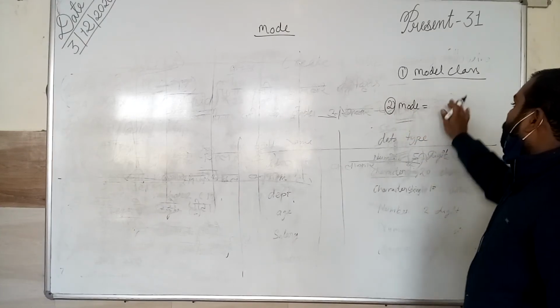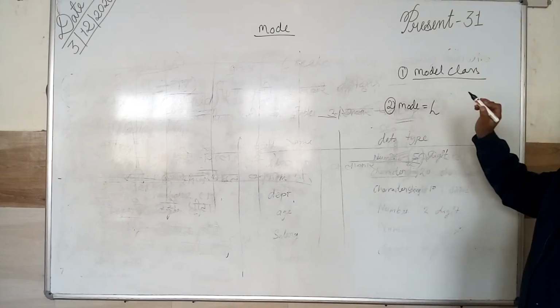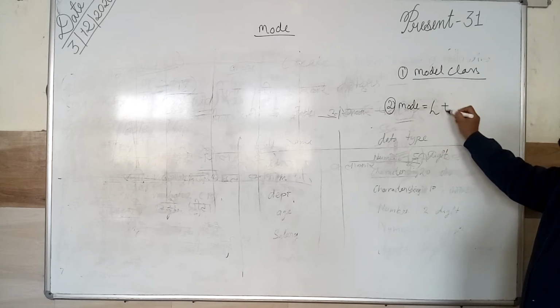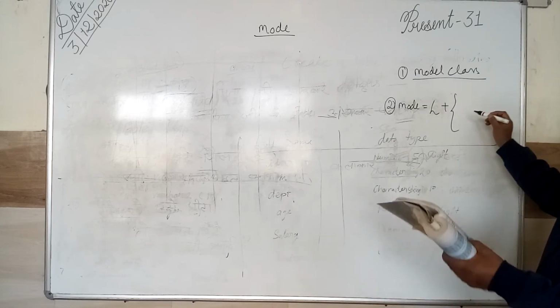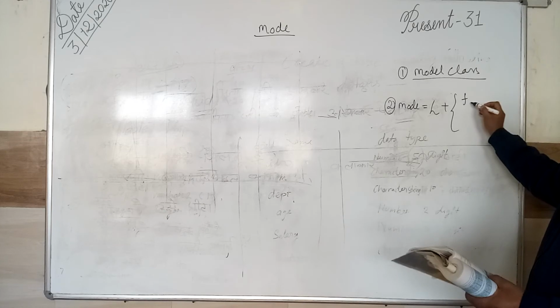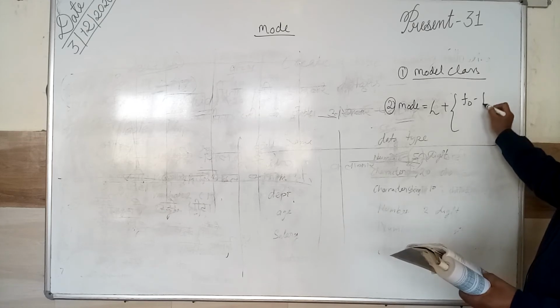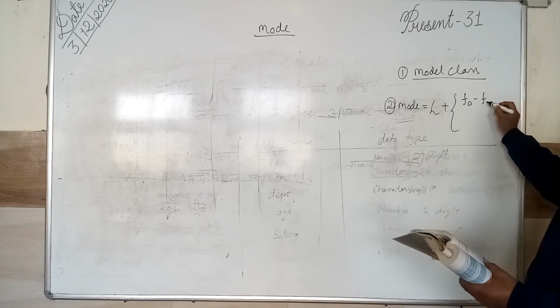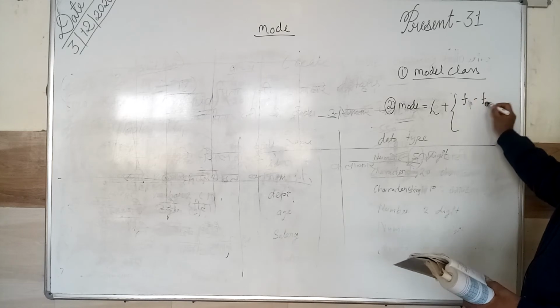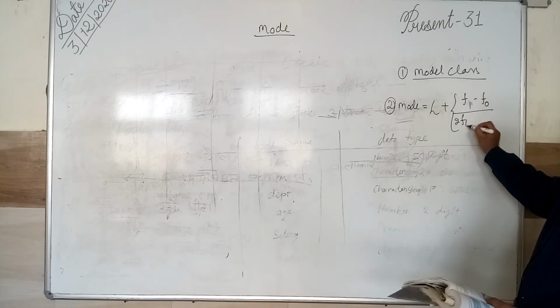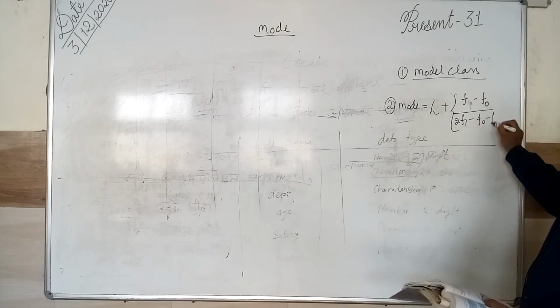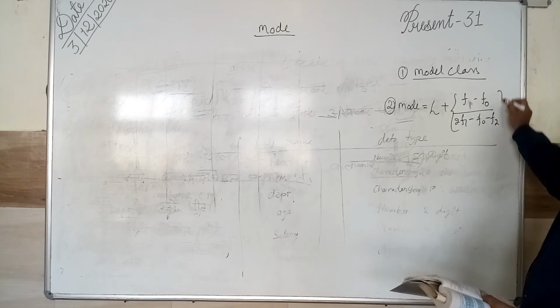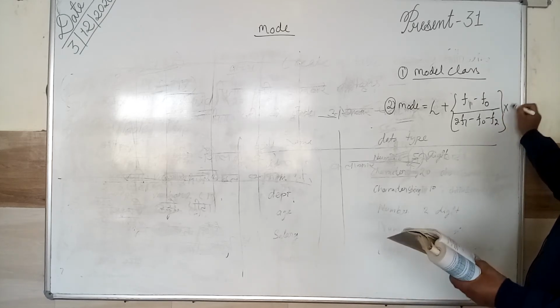Mode is equal to the lower limit of that modal class plus f1 minus f0, 1 and 0 ले लो, upon 2 times f1 minus f0 minus f2, into height.